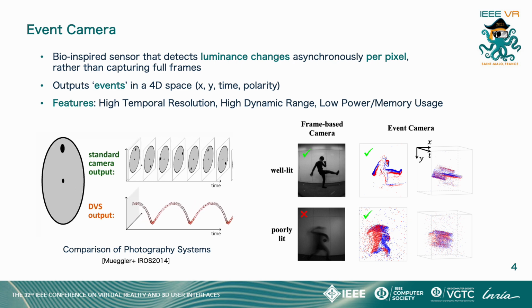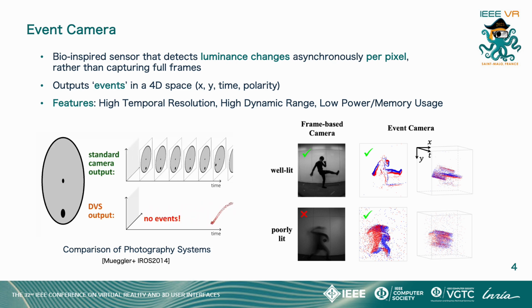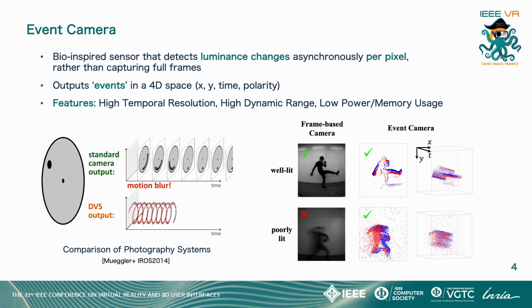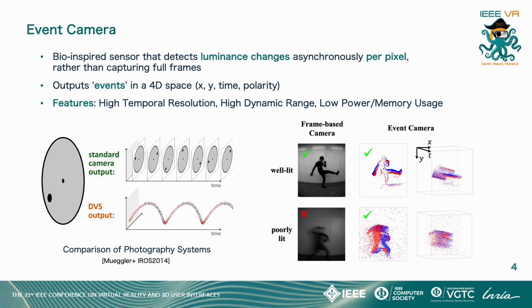In response to these challenges, an event camera is a powerful alternative. Unlike traditional frame-based cameras, the event camera is a bio-inspired sensor that detects luminance changes asynchronously at each pixel, rather than capturing full frames. It outputs these changes as events in four-dimensional space: x, y, time, and polarity.